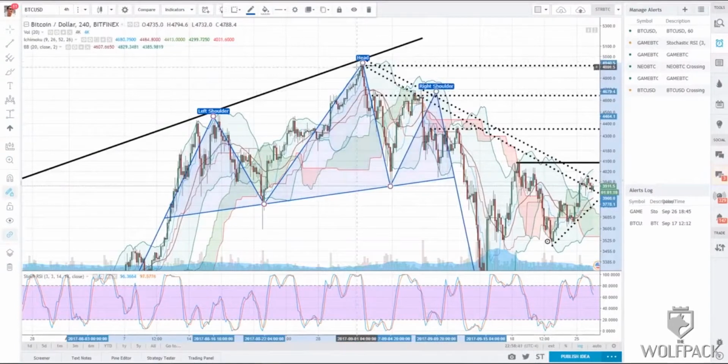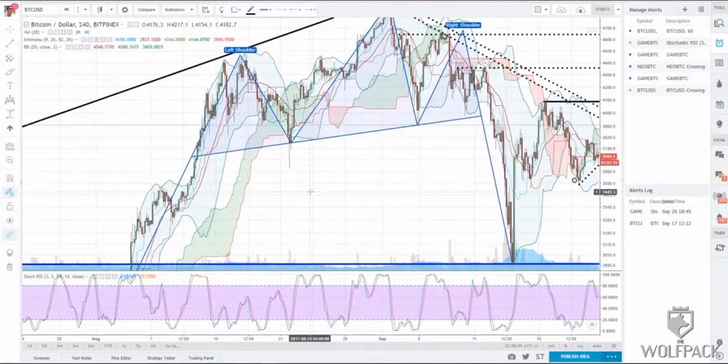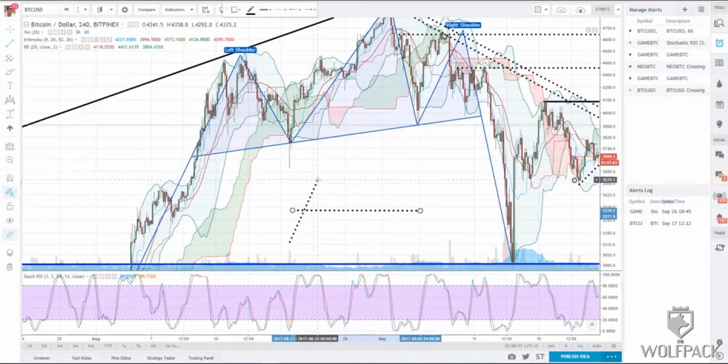And then the head is always higher than the shoulders, obviously. People will draw out some really, really ugly head and shoulders that are not head and shoulders. Like they'll do the neckline right here. They'll draw out something like this. Like the head's barely above.